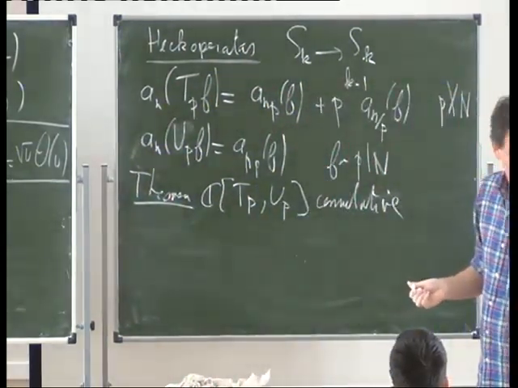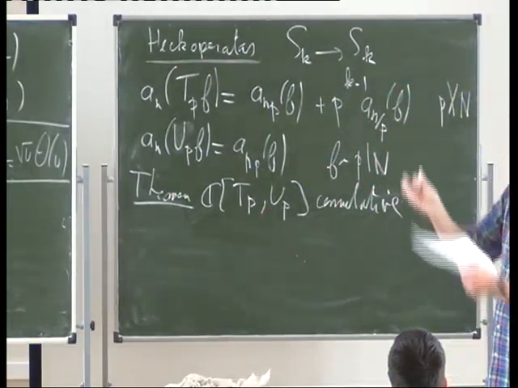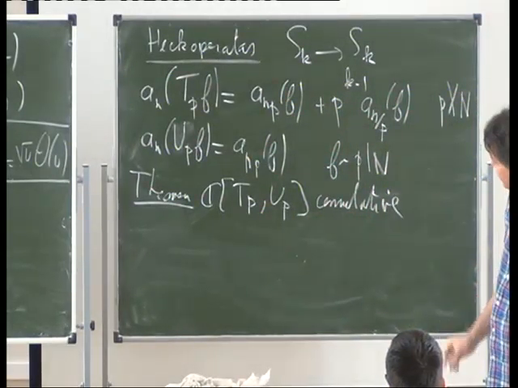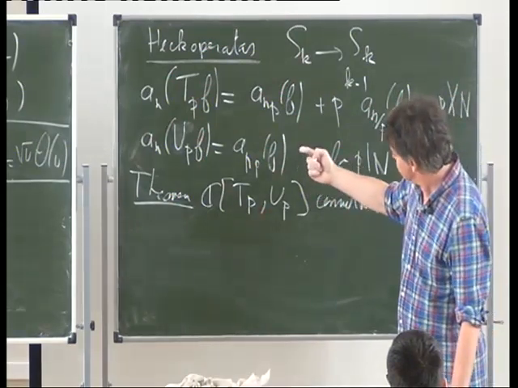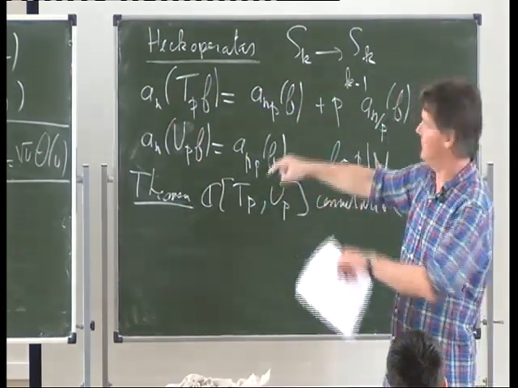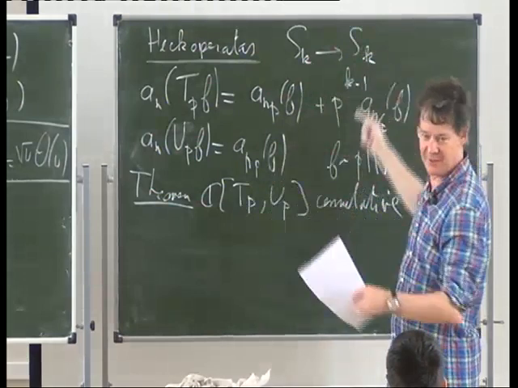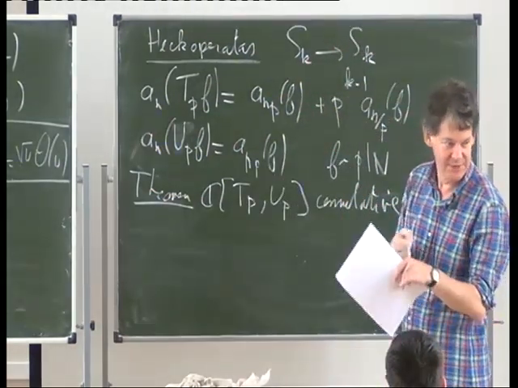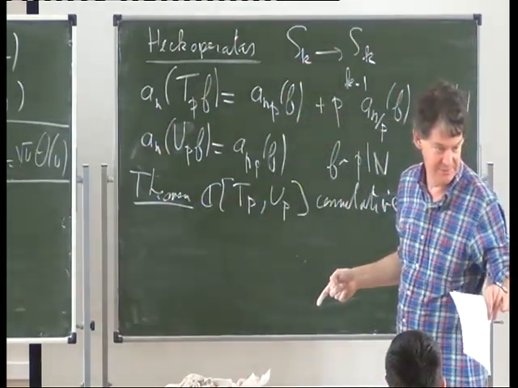Again, it's not difficult to check. You don't see why that's true, but it's easy to check. The good thing now, if we have a commutative algebra of endomorphisms, is that you can simultaneously diagonalize them.